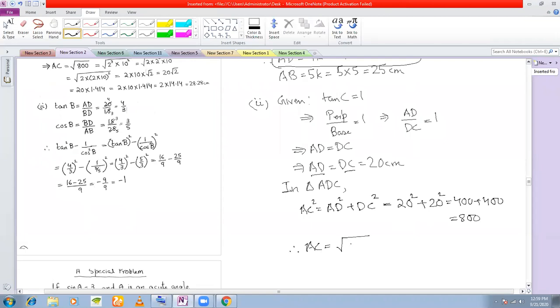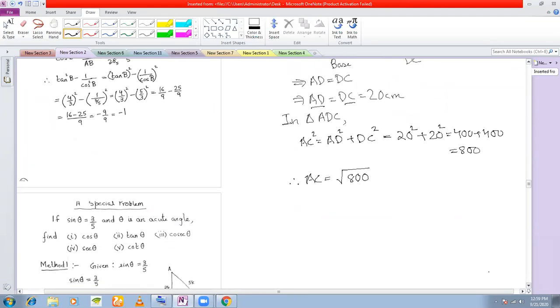So what is the length of AC? Length of AC is positive square root of 800. Now, this is a pure surd, so we're going to convert it into a mixed surd. This can be written as 8 into 100. Now 8 can be written as 2 cube into 10 square.